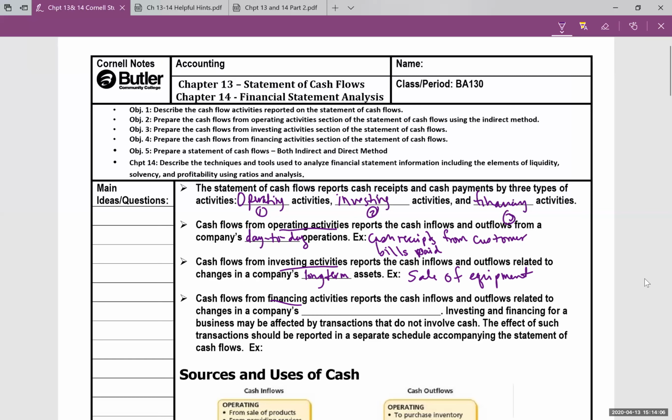And then finally, cash flows from the financing activities are related to changes in a company's long-term liabilities, perhaps even stockholders' equity. So investing and financing for a business may be affected by transactions that do not involve cash.